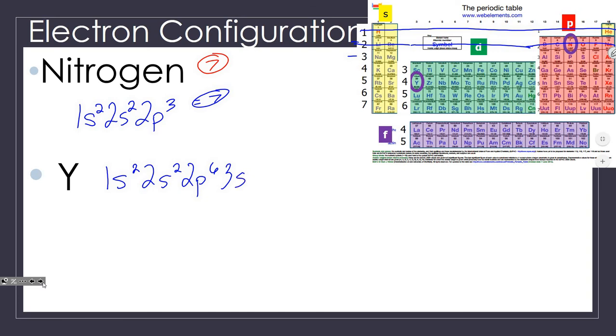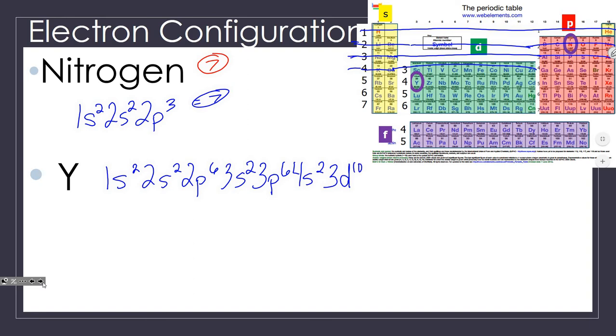Then we're going to hit the third row, the 3s. We're going to go through 2. Then the third row, the 3p, and we're going to go to how many? 6. Then we hit the fourth row, the 4s, and go through how many? 2. Then we hit the third row, the 3d, and go through how many? 10.